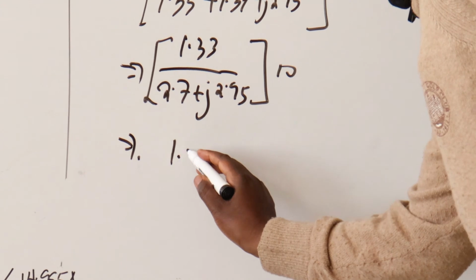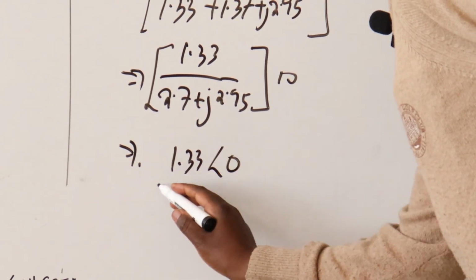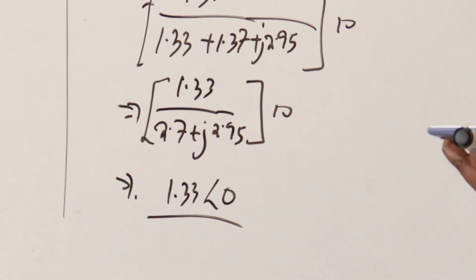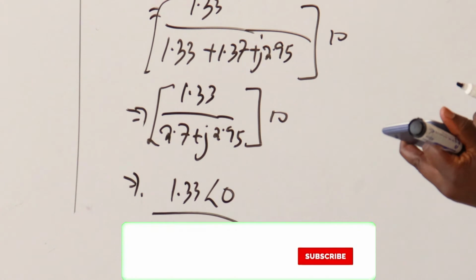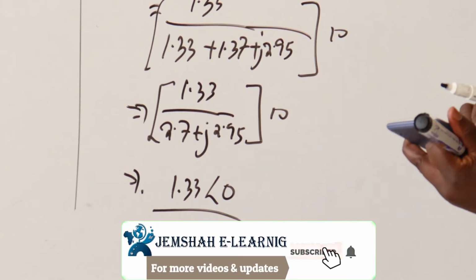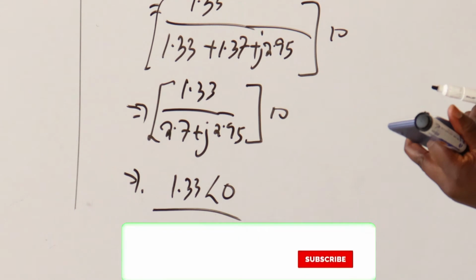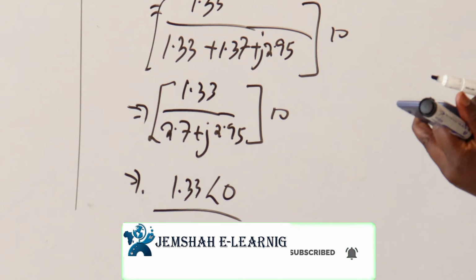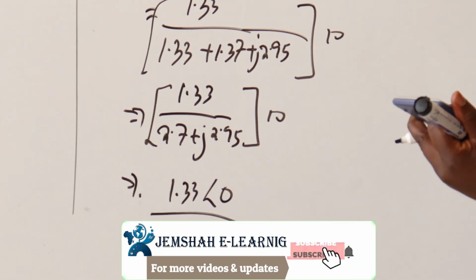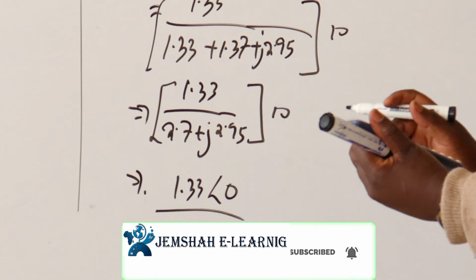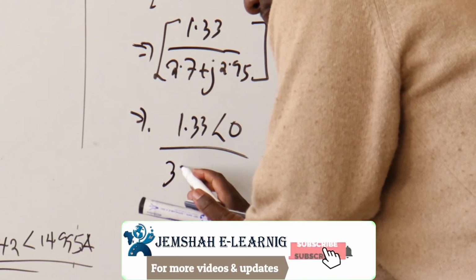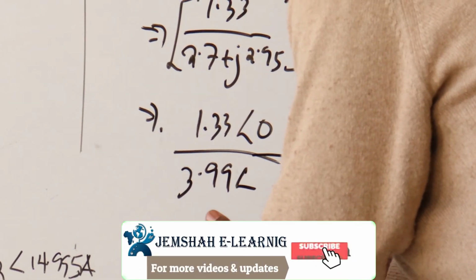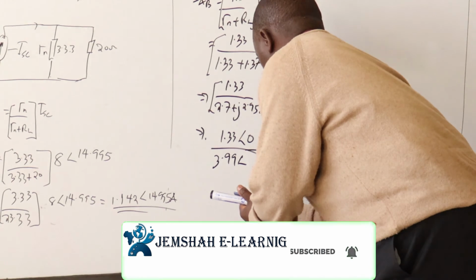We shall have 1.333, the angle is 0, and that one into polar. This is 3.99. The angle here is 47.53.